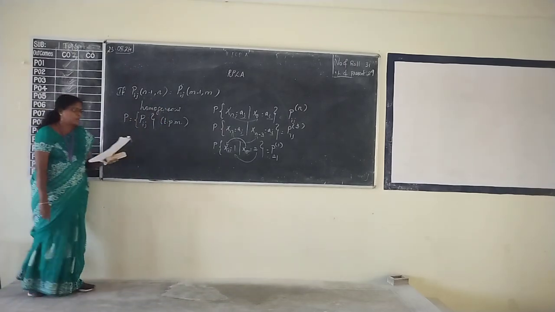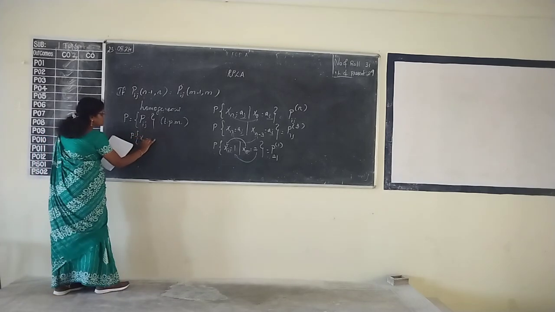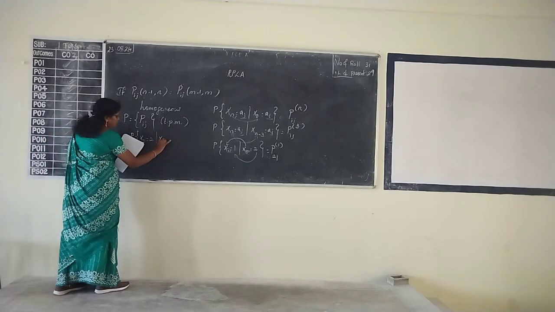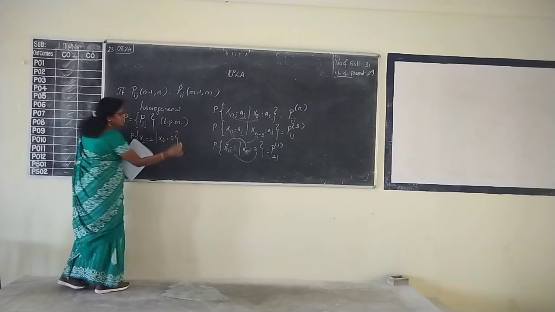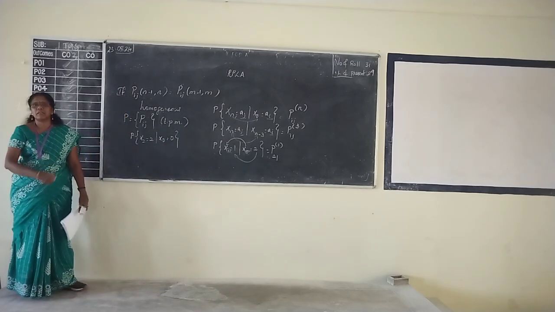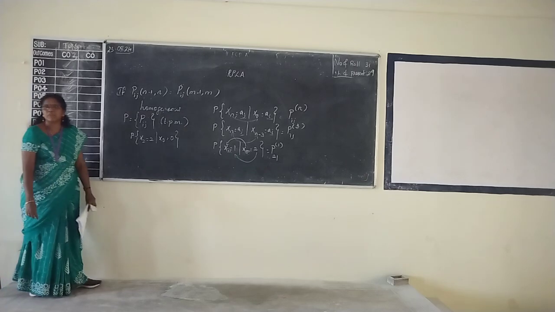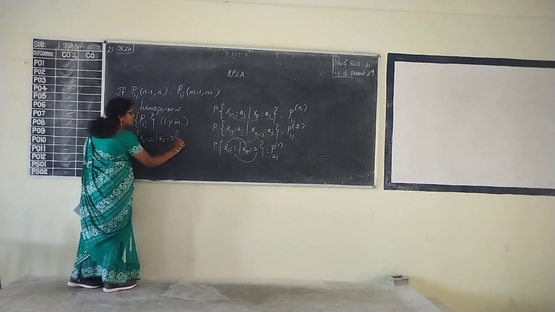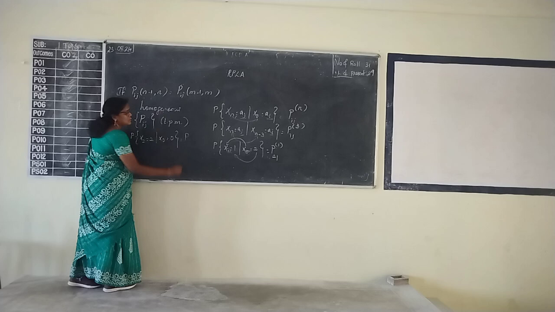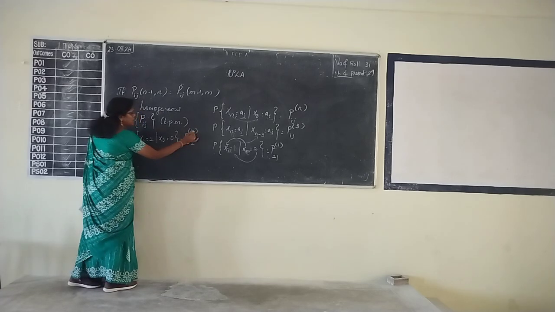Yes. One more example. Probability of x2 equal to 2 given x0 equal to 0. First, remain silent, boys, then give the answer. Tell me from which state you are going. P of 0 to 2. You should not say square now.